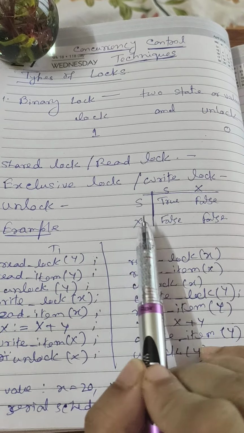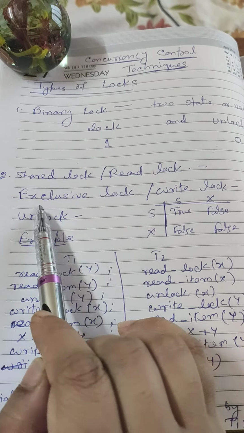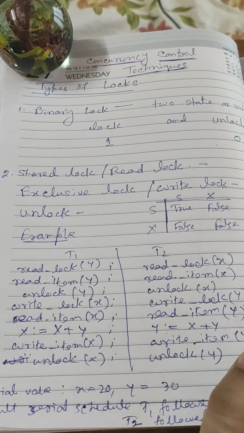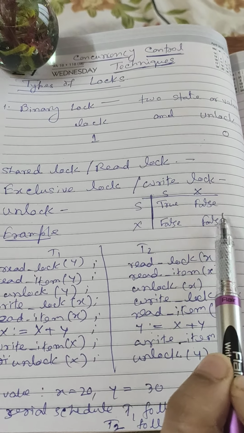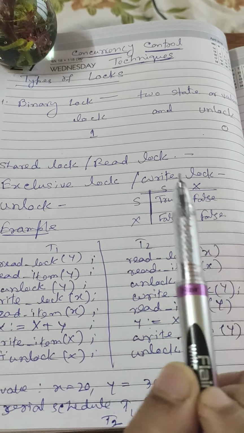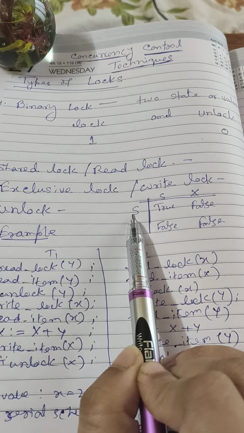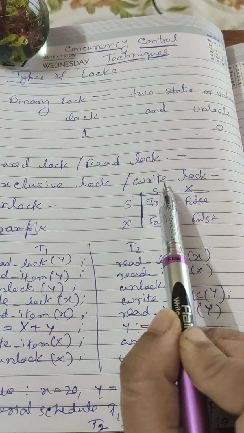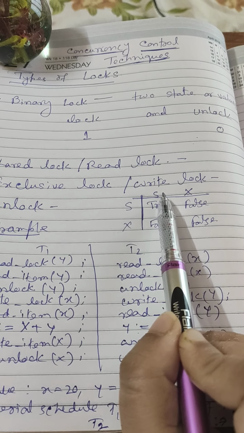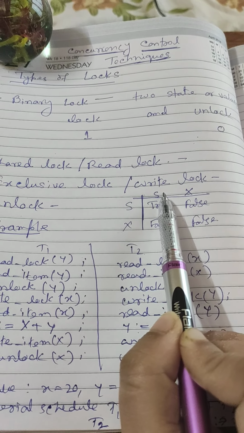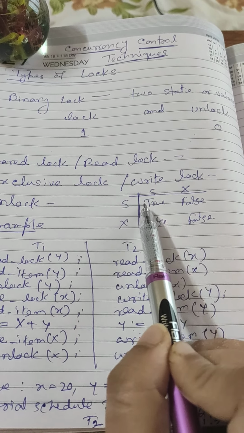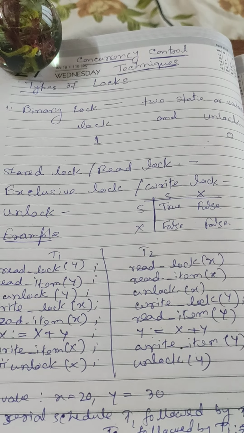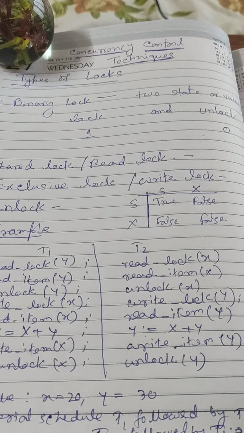Now, to memorize shared lock and exclusive lock, we can remember this chart. If one transaction holds a shared lock on a data item, can another transaction also hold a shared lock on that data item? Yes, because it is shared lock and it is used only for reading purposes.